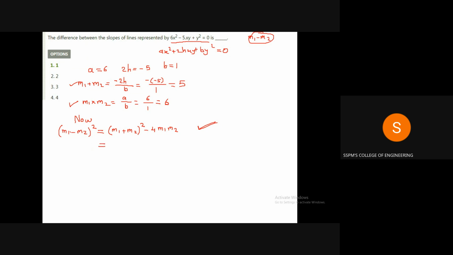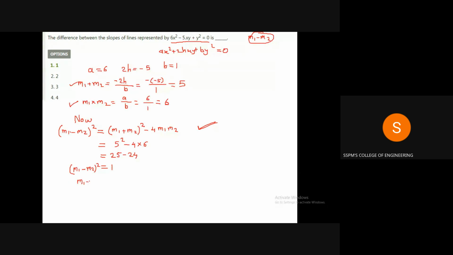Just put the values. m1 plus m2 whole square is 5 square. What is the value of m1 plus m2? It is 5. So 5 square minus 4 into m1 m2, and m1 m2 is 6. So 5 square is 25 and 4 into 6 is 24. What is 25 minus 24? It is 1. So m1 minus m2 whole square is equal to 1.